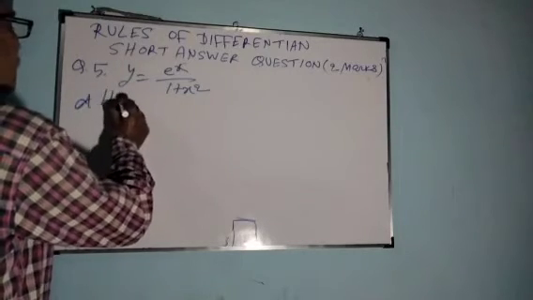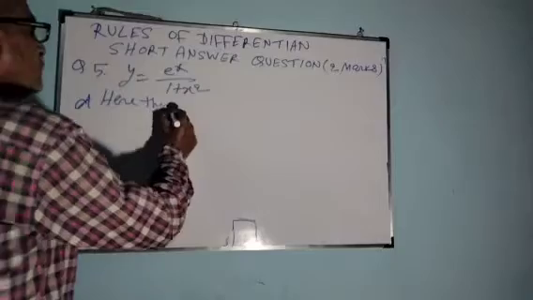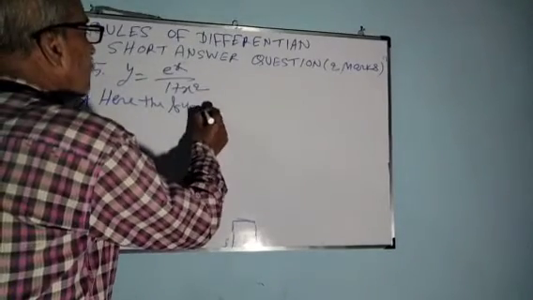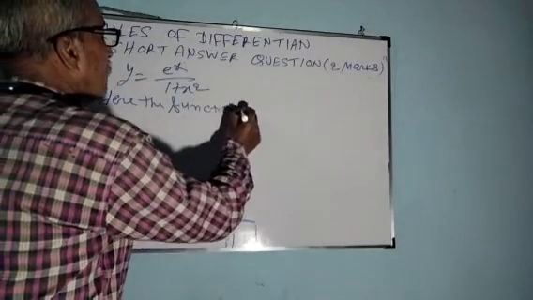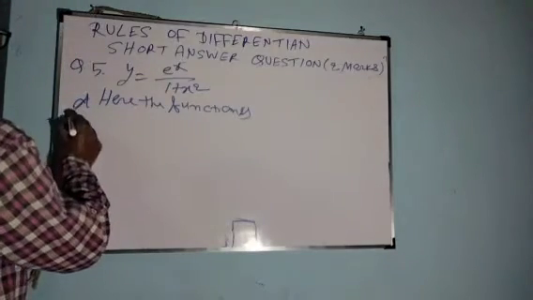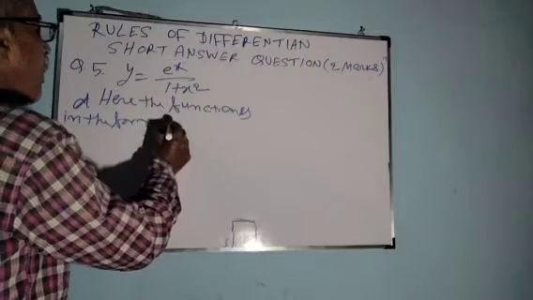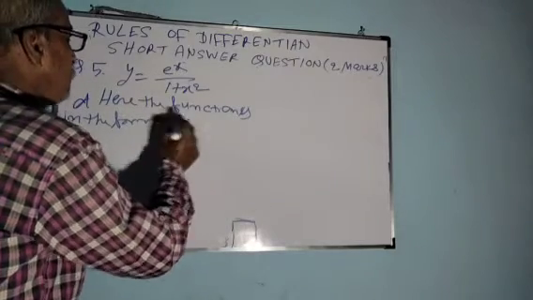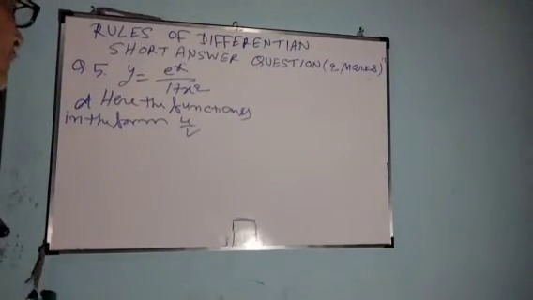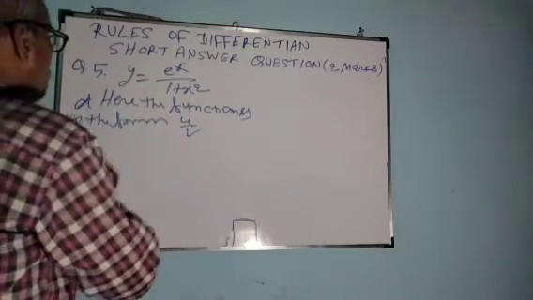Here the function is in the form u by v, and so we use the formula for this.